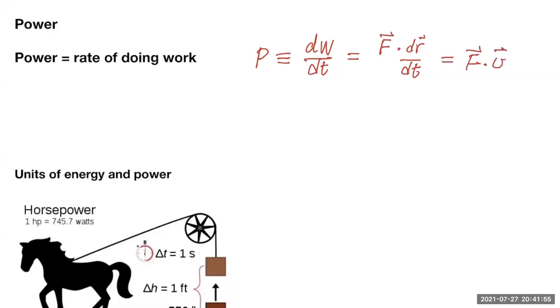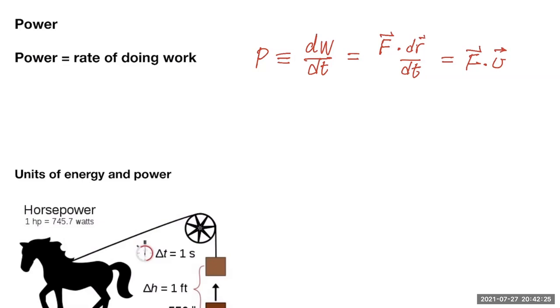Okay, so if you exert a large force on an object, and as a result, the object moves at high speed along the direction of the force, then you're delivering a lot of power to it. And if F and V are perpendicular to each other, like when you do a uniform circular motion, okay, the velocity is tangential and the force is radial, so F dot V equals 0, then you're not delivering any power to the system.